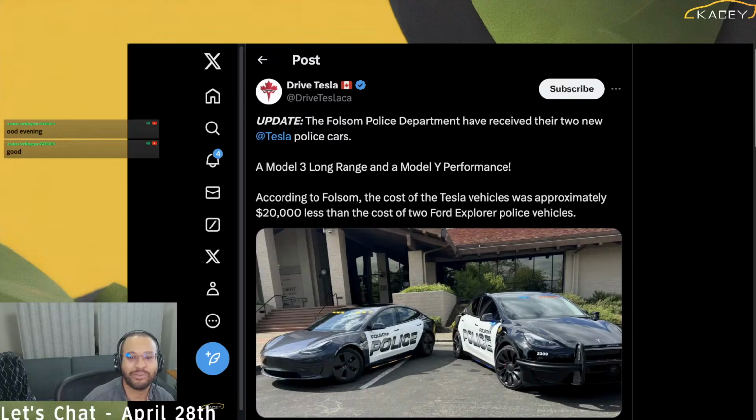Update: the Folsom Police Department have received their 2 new Tesla police cars. I see a Model 3 and a Model Y here. Interesting choice. But what's cool here is it allows them to see what suits their needs. A Model Y will give them more utility and easier ingress and egress with the belts on, but you can get more Model 3s for the price.